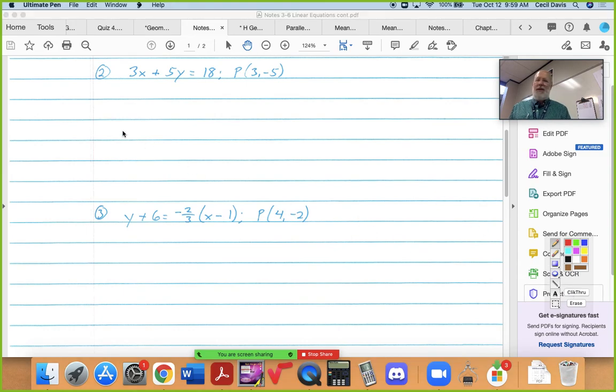So for this next one, notice you can't just read the slope off of this. You have to change it into a form where you can just read the slope off. This is like some of the ones on the homework. We'll subtract 3x from both sides, and we'll have that 5y is equal to -3x plus 18. We'll divide both sides of the equation by 5.